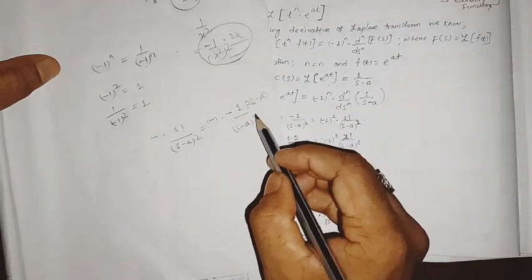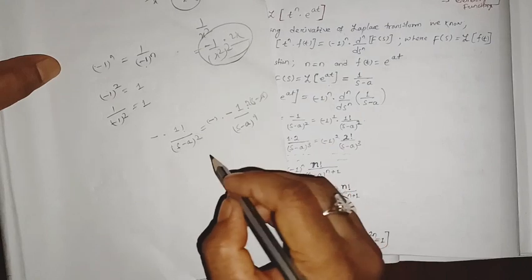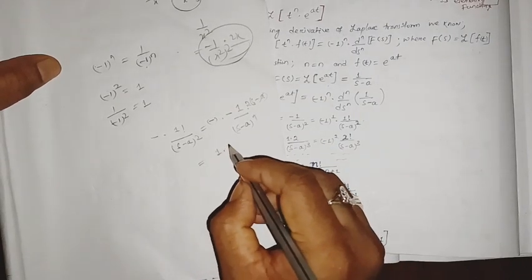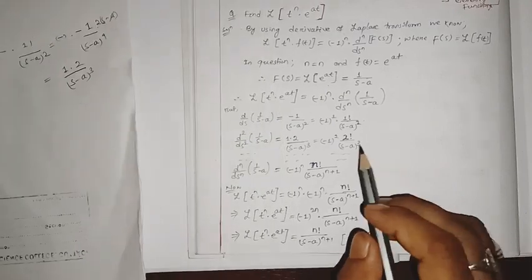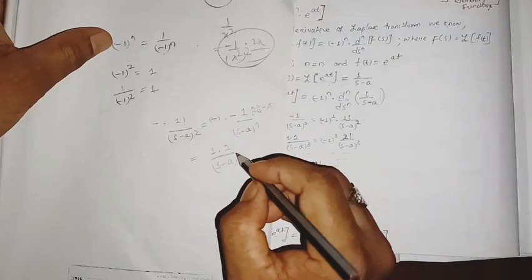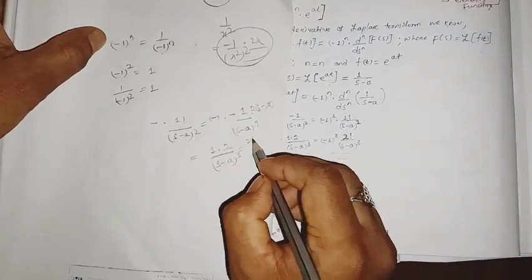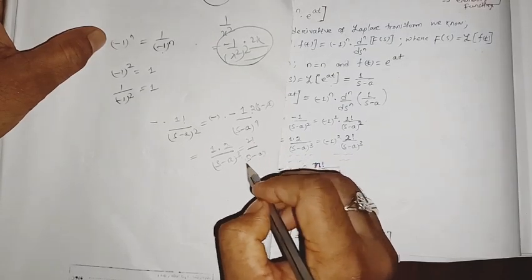Here one s minus a cancels out, so it will be 1 into 2 by s minus a whole cube. This can be written as 2 factorial by s minus a whole cube.